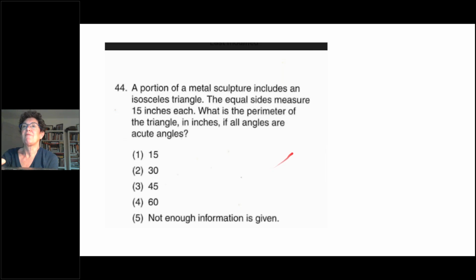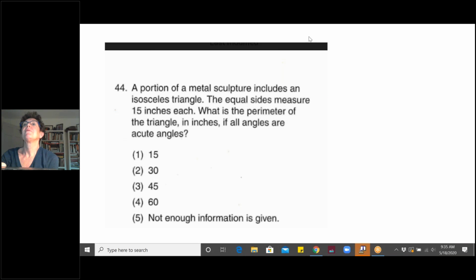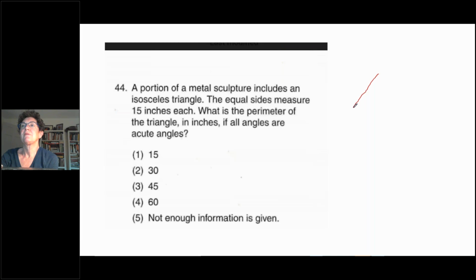They're asking me to say if I can draw something that looks sort of like an isosceles triangle. And it tells me that all of the angles are acute angles. So that means none of them are greater than 90, but also none of them are 90.